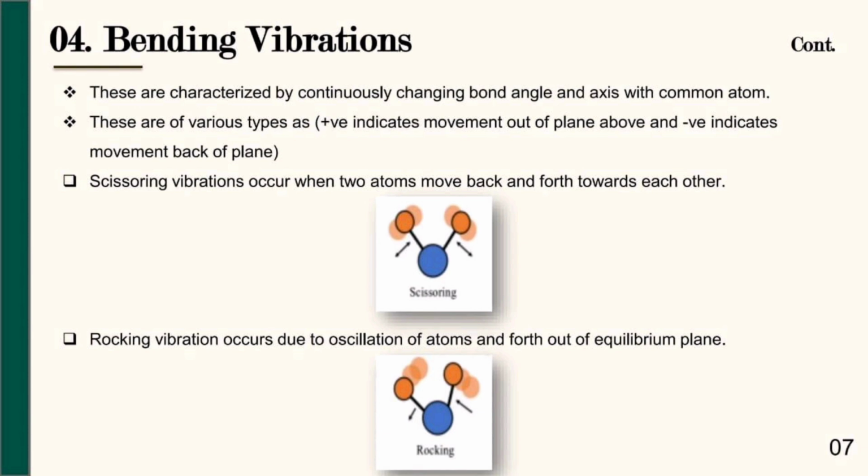These are of various types, where positive indicates movement out of the plane above and negative indicates movement back of the plane. Scissoring vibrations occur when two atoms move back and forth towards each other, while rocking vibrations occur due to oscillation of atoms in and further out of the equilibrium plane.